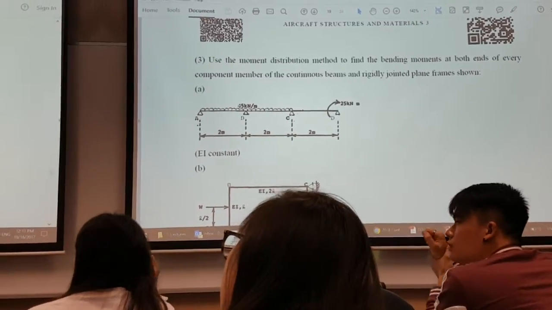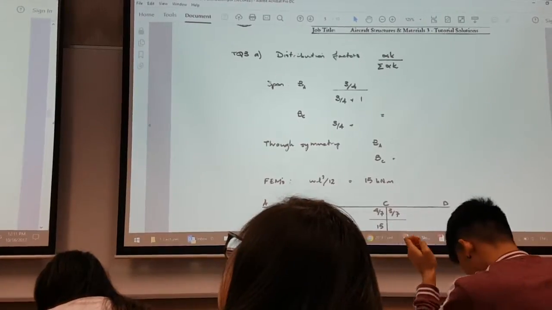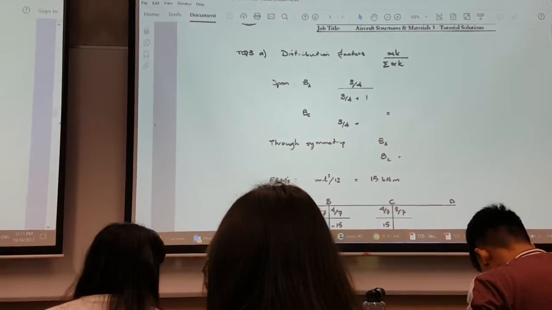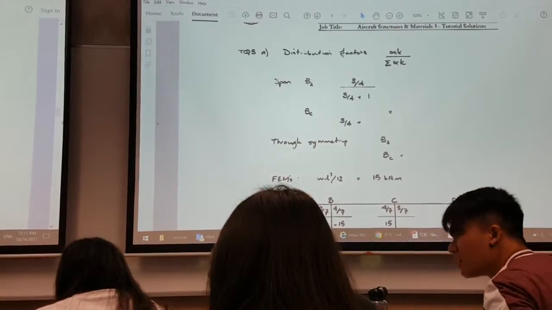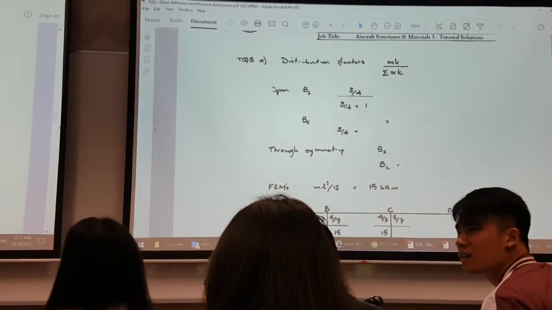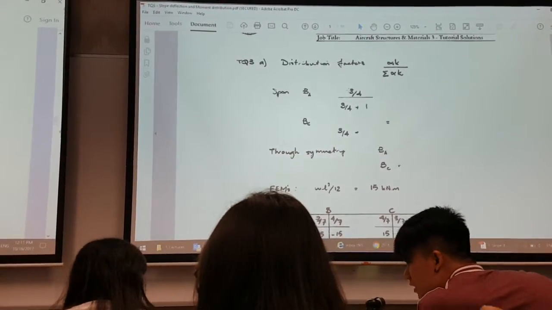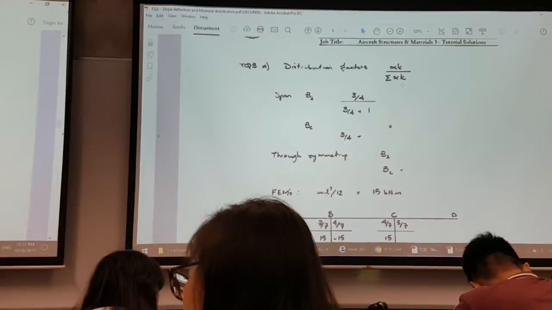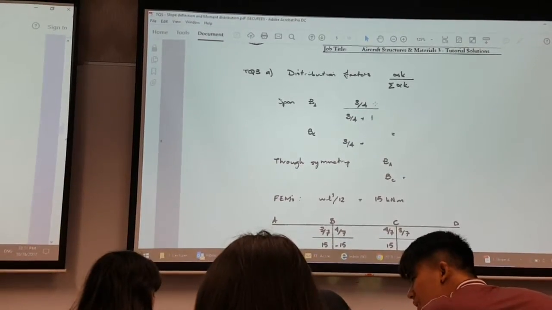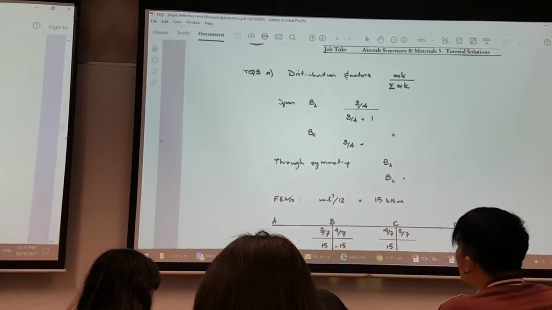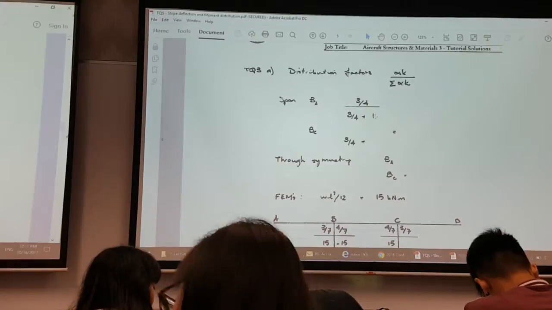What we're trying to find is the distribution factor at node B for span BA. The alpha is 3/4, divided by the summation of alpha k. I think for this, all the k values are 1, so the denominator is the summation of alpha k, which is 3/4 plus 1.